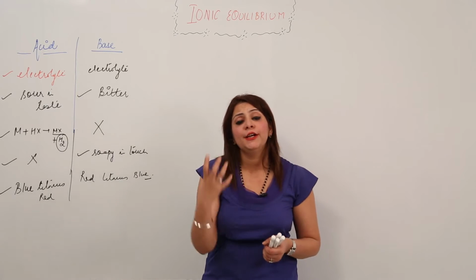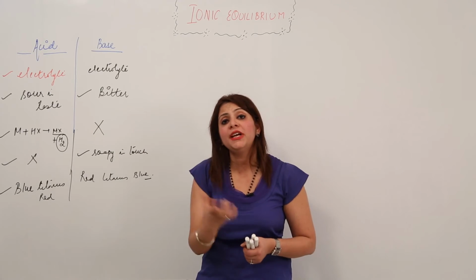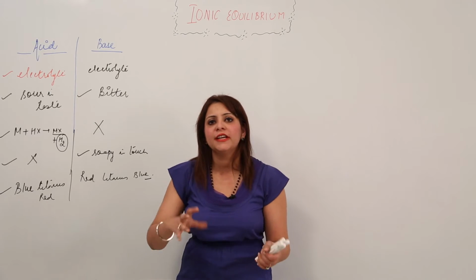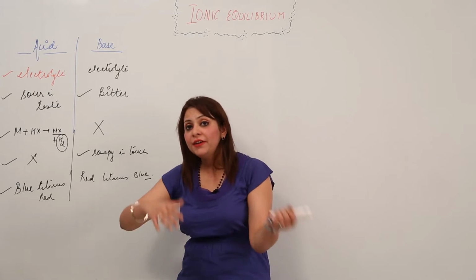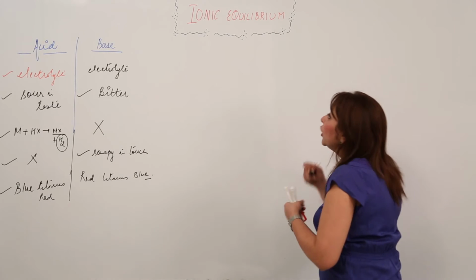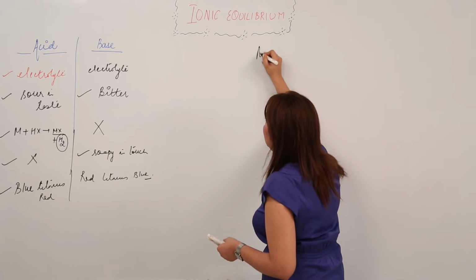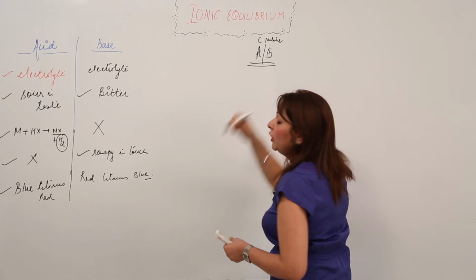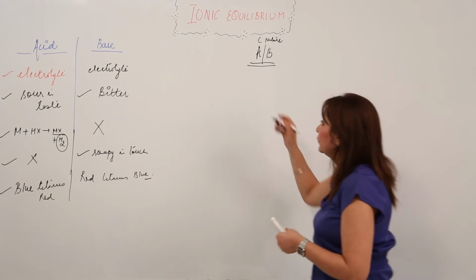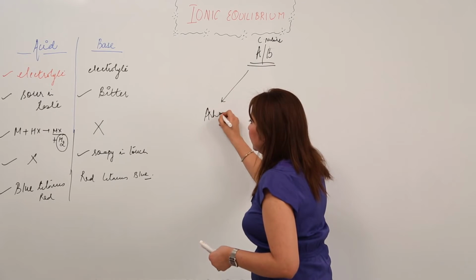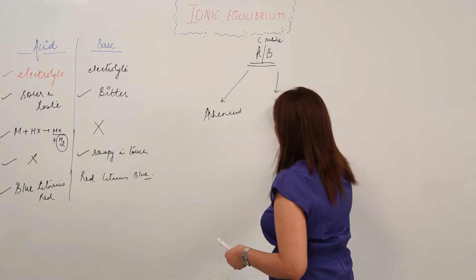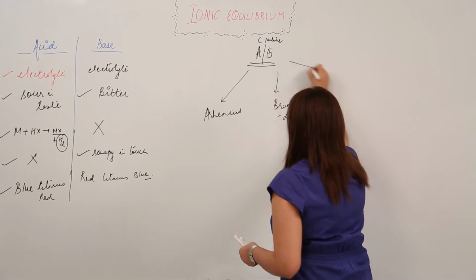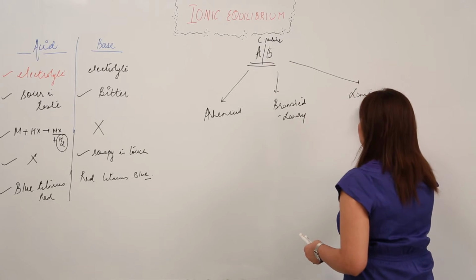So we need an appropriate theory which explains everything about acid and base, or a neutral substance. Here we have those theories about the chemical nature: the Arrhenius, Bronsted-Lowry, and the Lewis concept.